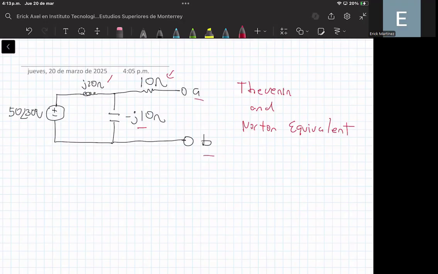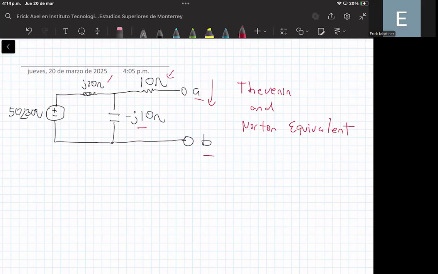So basically, we want to know what is the Thevenin equivalent if we analyze the circuit from this point of view, okay? From the point of view of the terminals A and B. So in order to compute the Thevenin and Norton equivalents, well, we need to first compute what is the equivalent impedance across these two terminals. And also we need to compute the voltage, okay, as that is seen by analyzing the voltage between terminal A and B, okay?